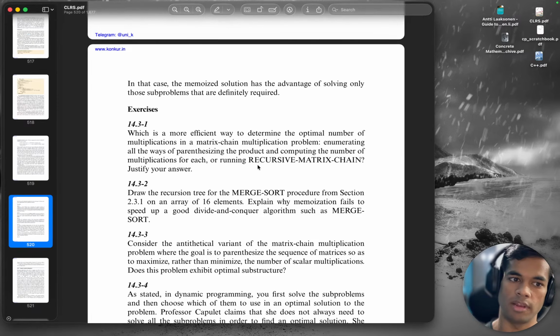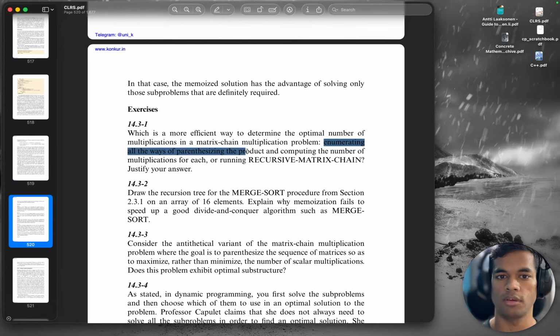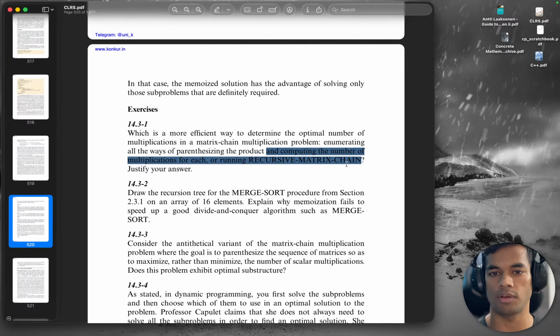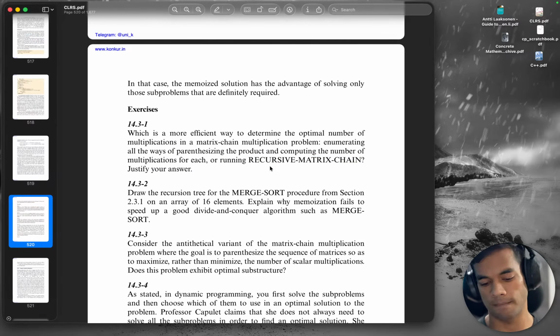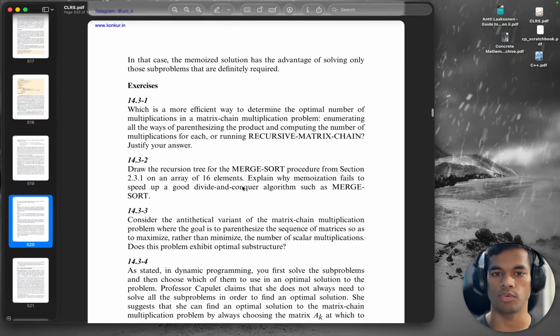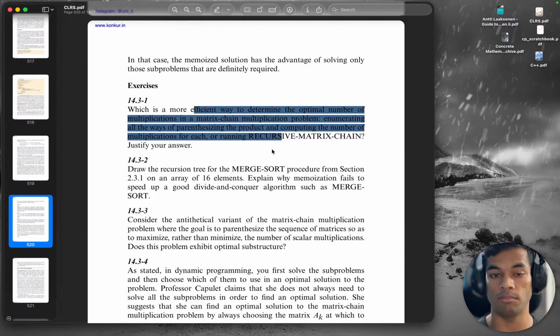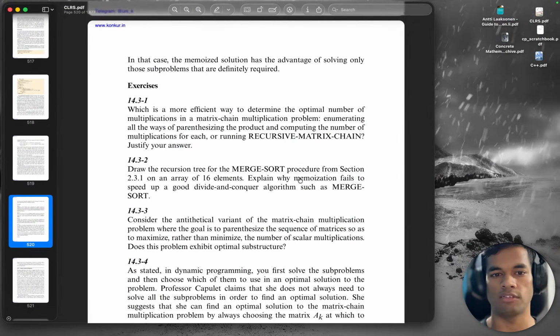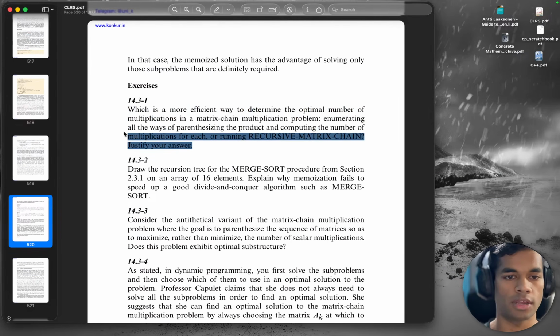But enumerating all the ways of parenthesizing is faster because it has lesser overhead than the recursive approach. Recursive is generally slower compared to a bottom-up approach. Here the sample space is the same, but the overhead in recursion is higher, which increases time. That is my justification.